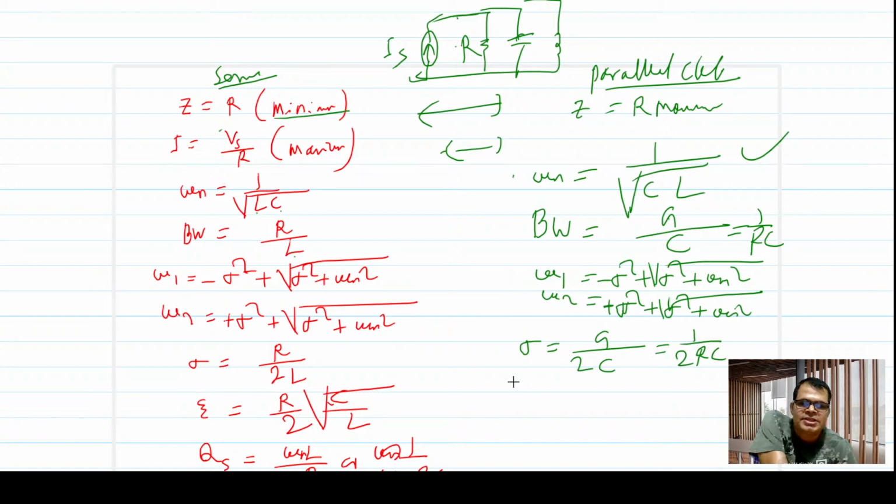Zeta of the parallel circuit is 1 upon 2R root of L by C.